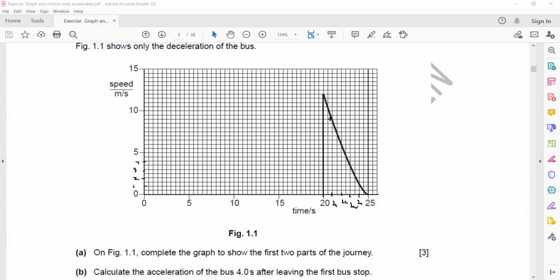If I draw a vertical line after every 1, so this will be 1, 2, 3, and 4.